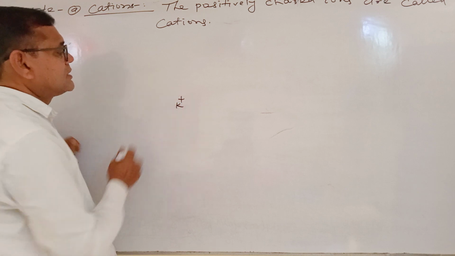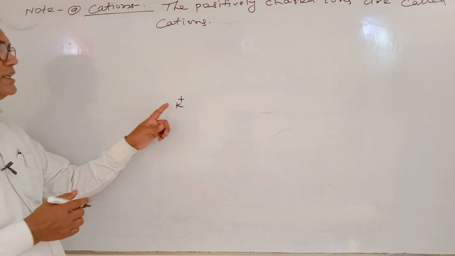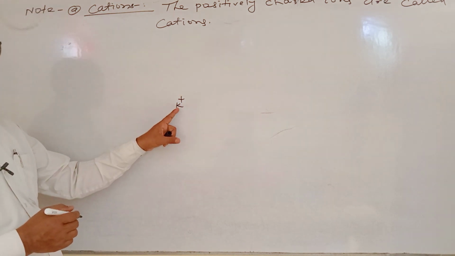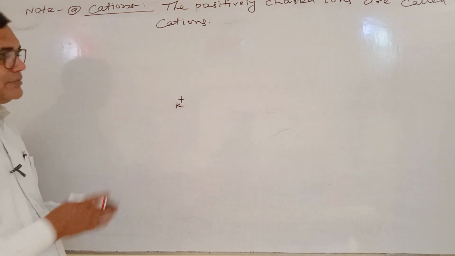We write K plus, it is a cation, it is called potassium cation.